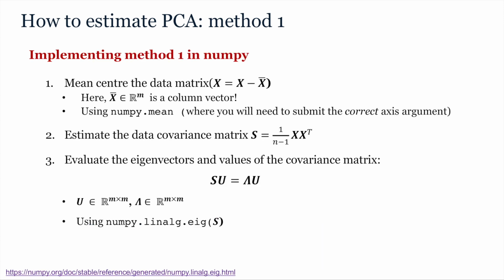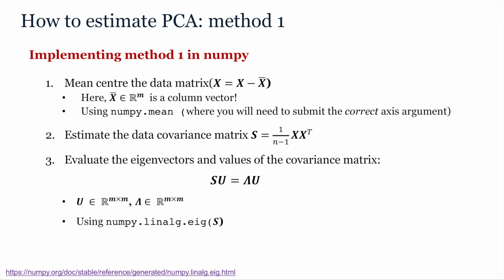Thus, in summary, and you will be asked to implement this in Tuesday's tutorial, the steps to estimate the principal components from the eigenvectors of the data covariance matrix are as follows. First, demean the data by subtracting the mean vector x bar. Here, x and x bar are column vectors. You can do this using NumPy mean, but remember to specify that you want to return the mean over columns and not the mean over all elements.